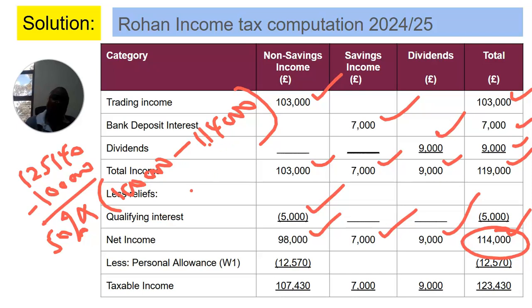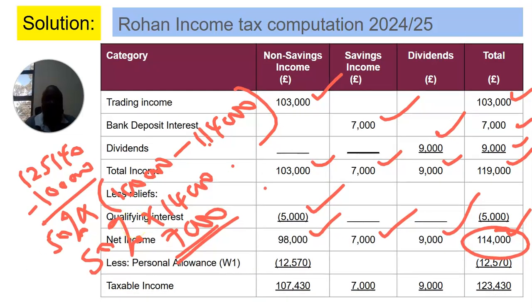So we are going to say 50% multiplied by 14,000, and we can see that we are looking at 7,000, right? Okay, we are looking at 7,000.